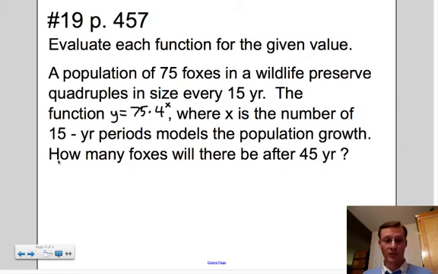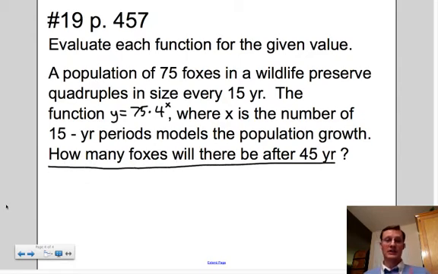What are they asking for? How many foxes will there be after 45 years? So now let's go back through the question. Anything that's relevant to that is important. Anything that doesn't pertain to answering that question, we just throw out. It's no good. So a population of 75 foxes in a wildlife reserve quadruples every 15 years.